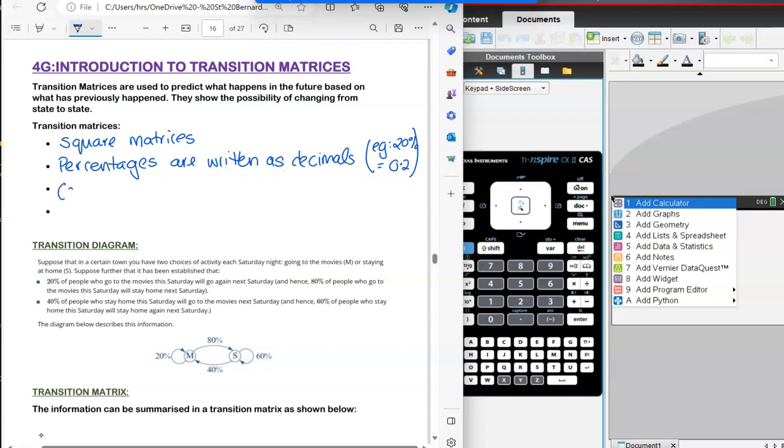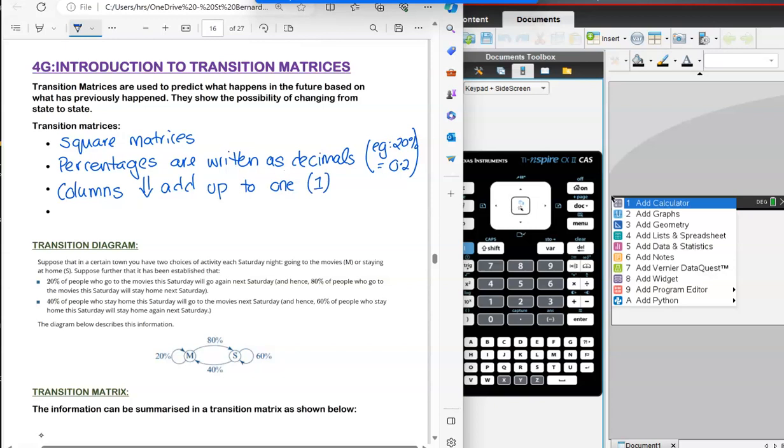Now, another fact about transition matrices is the columns. Remember, they're going that way. The columns add up to 1. So if you had all those decimals there, they're going to add up to 1.